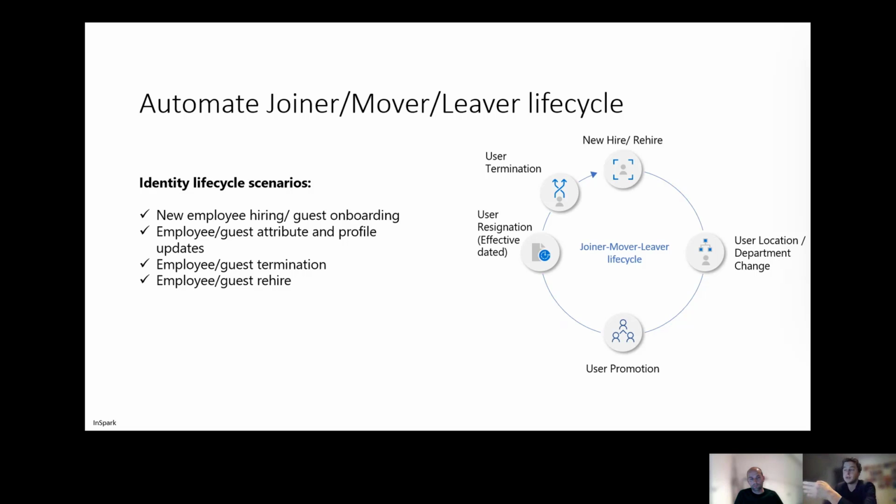And from there, the user is filled with the correct details, like the correct job title, the correct department name, the right company if you have more companies within the same organization, and so on. And HR is also leading in that case. Now, this is for the joiner process.